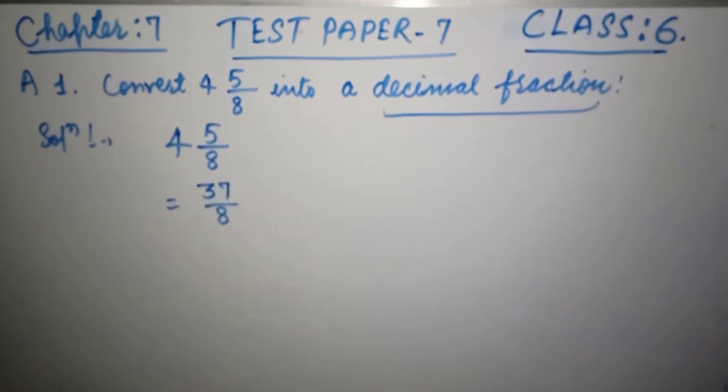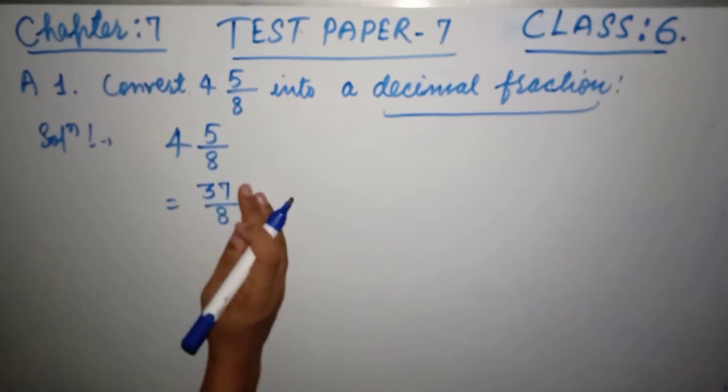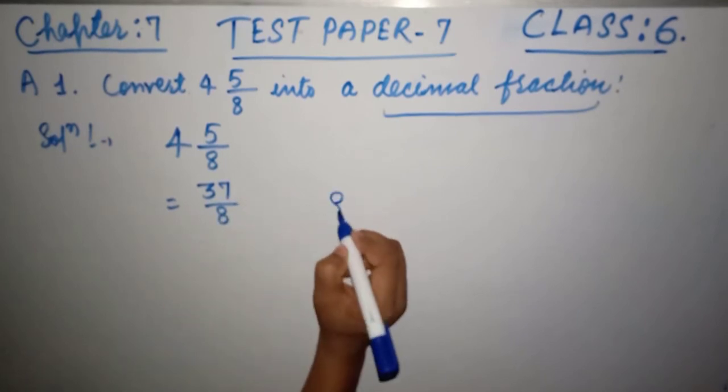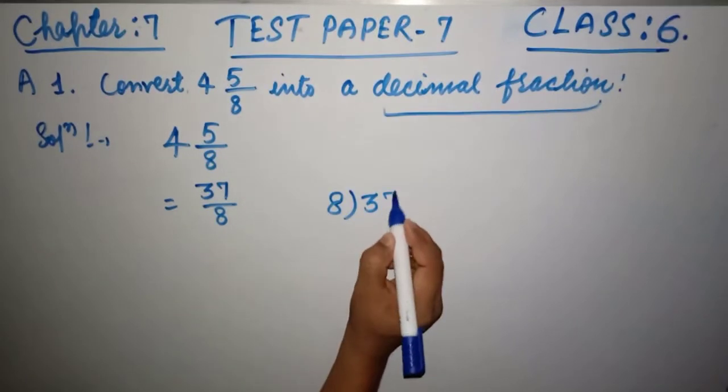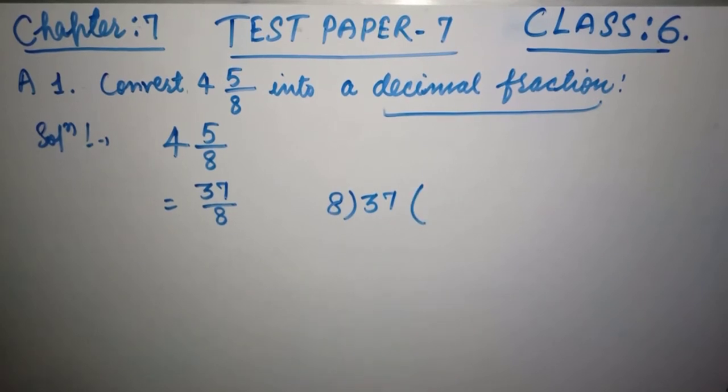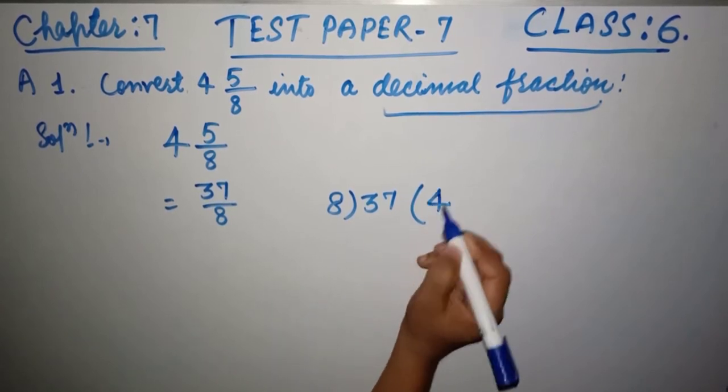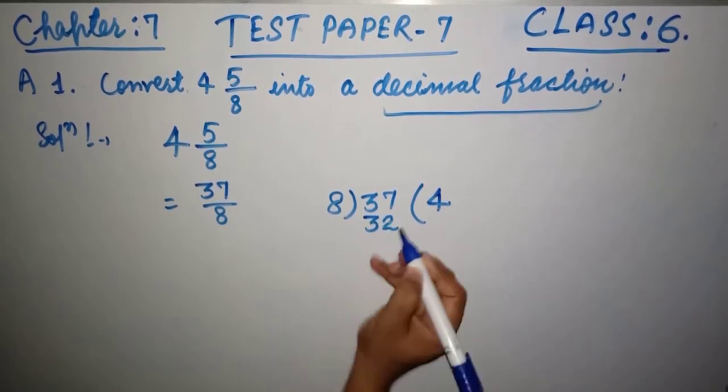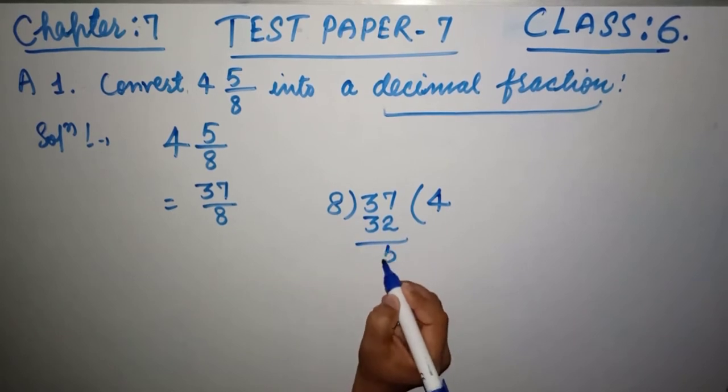Now divide this 37 by 8. 8 1s are 8, 8 2s are 16, 8 3s are 24, 8 4s are 32, 8 5s are 40. 8 4s are 32, friends. So this is 5 after subtracting.